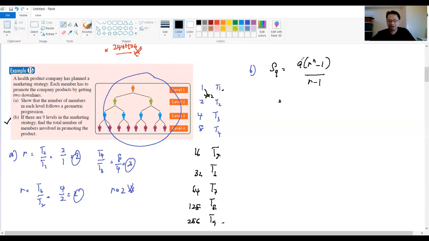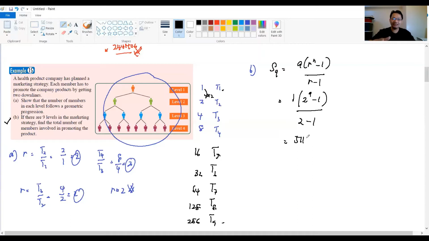Now I just substitute. a is 1, the first term. r is 2. So 2 to the power 9 minus 1, over 2 minus 1. We compute 2 to the power 9 minus 1, divided by 1, which is 511. There are 511 members in this whole MLM structure.